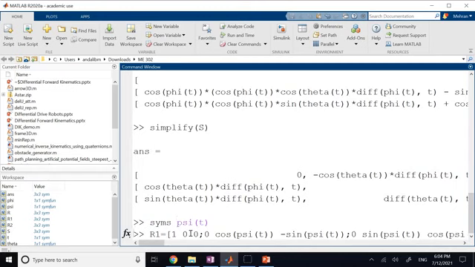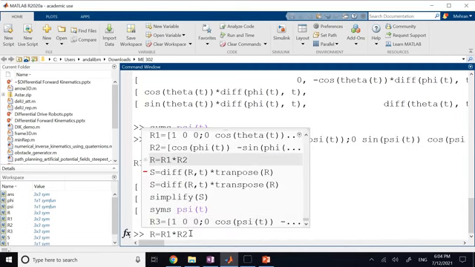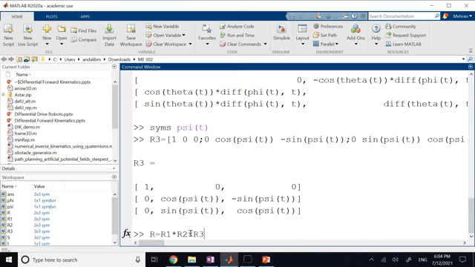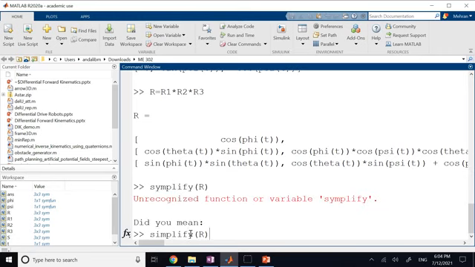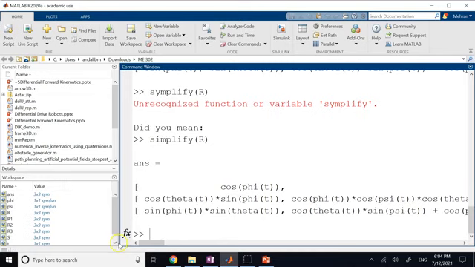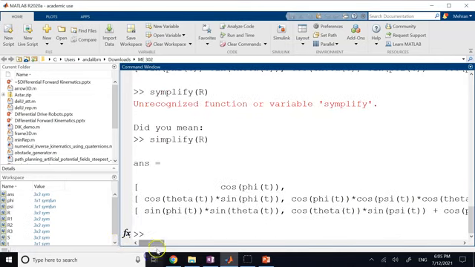And I call it R3. And now when I say R, I multiply R1 times R2 times R3. So that's my R matrix. It has a bunch of components in it.